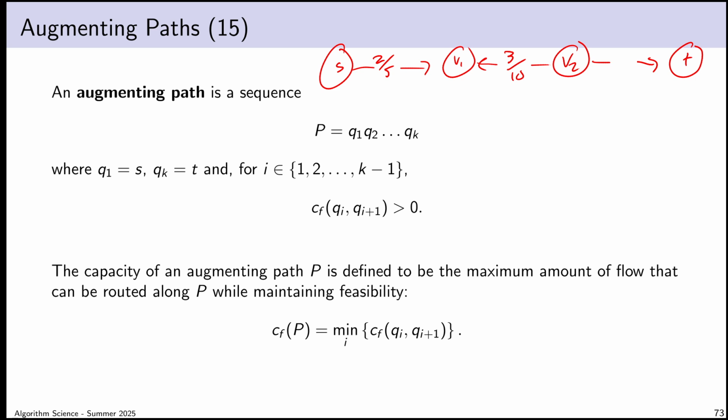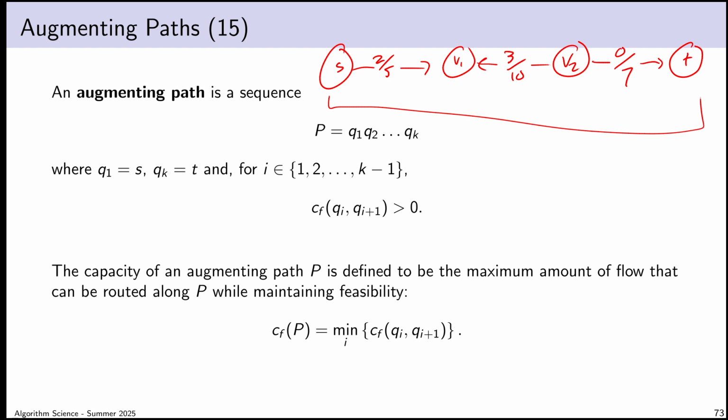And then finally, I've got 0 out of 7 units available, 0 units of flow across the edge V2 to T. So what we realize is that if I choose this augmenting path from S to T, the next question I have is, how much flow can I send along this augmenting path? The answer is going to be whatever the minimum residual capacity of one of the edges in the path is.